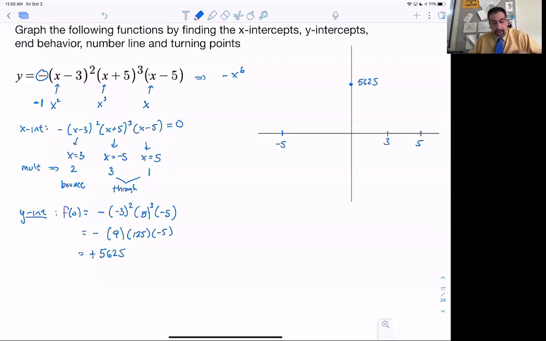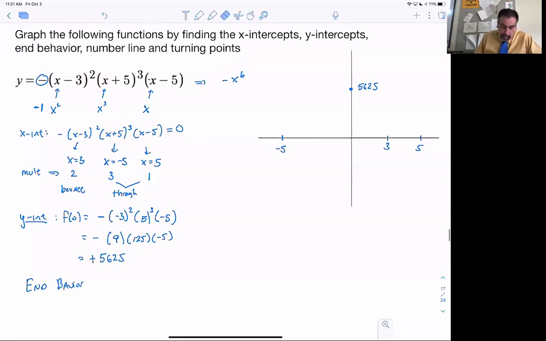The next thing we want to look at is the end behavior for our graph. We've already kind of set us up for this. We know that this function is going to behave like a -x to the sixth. When we talk about the end behavior, we know that even-powered functions behave one way and odd-powered functions behave another.